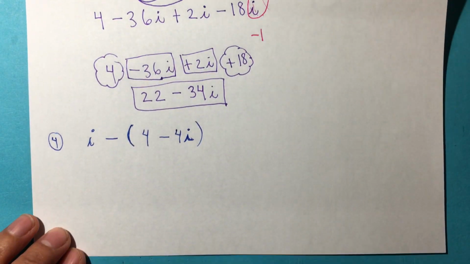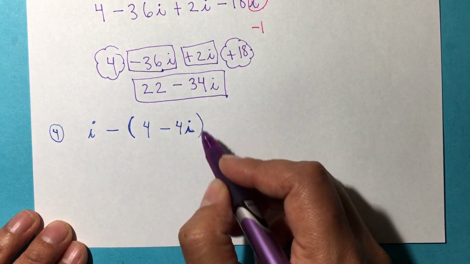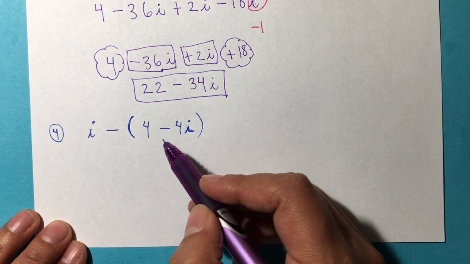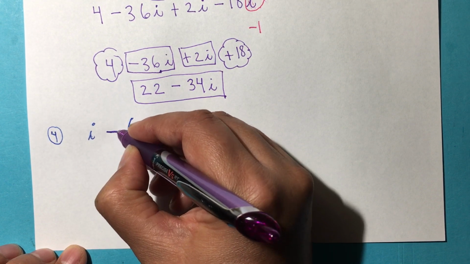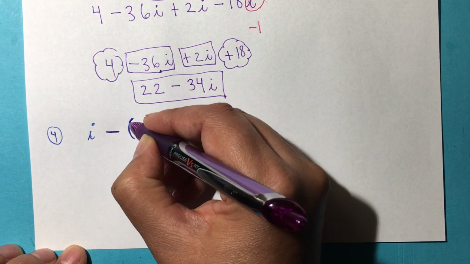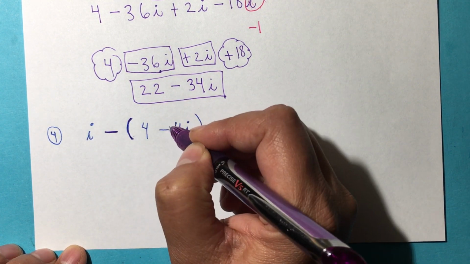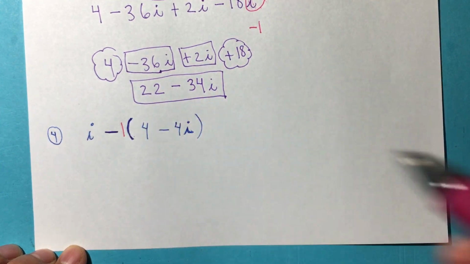Okay, the next one, it's an imaginary number minus a complex number. Again, a complex number has a real portion and an imaginary portion. Again, this has a negative right before the parentheses. That means that I'm not going to multiply the imaginary number times this, but rather the negative 1.